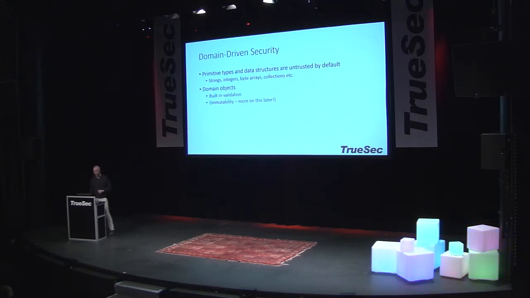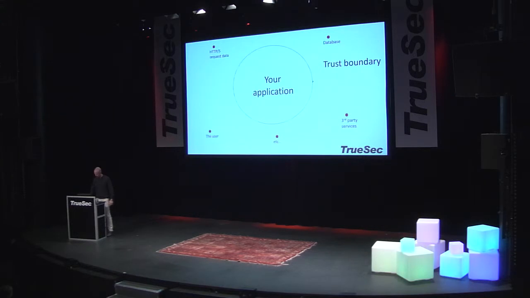Instead, you work exclusively with domain objects that have built-in validation, meaning that they cannot be created without first being validated. If a validation fails, you do not have a domain object. So let's take a look at what that looks like. We have the trust boundary, the circle of trust again, and the previous example will instead look like this.